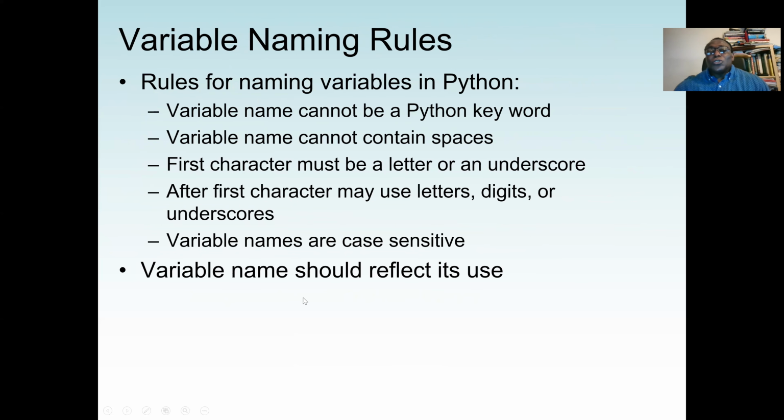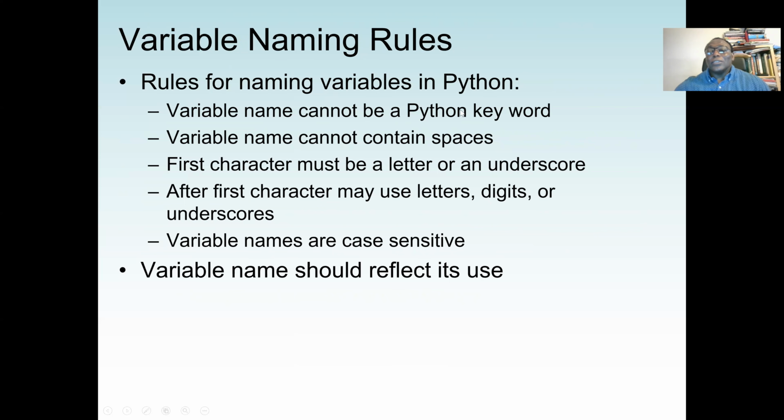Now, we have some rules for naming variables, not only variables, but all the identifiers like functions, classes, etc. The rule for naming variables in Python is that a variable name cannot be a Python keyword. A Python keyword is a word that Python understands. For example, I can't declare a variable and name it print with p as a lowercase.